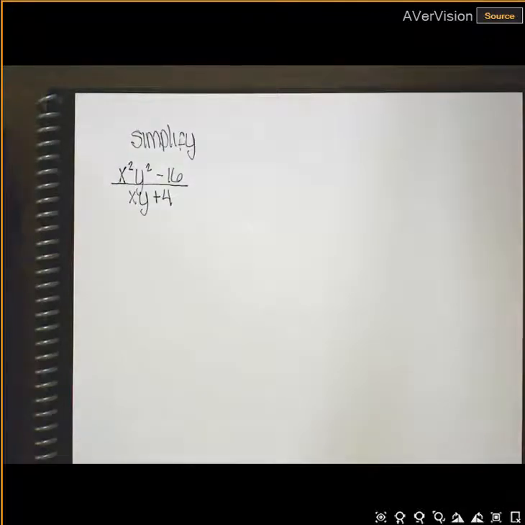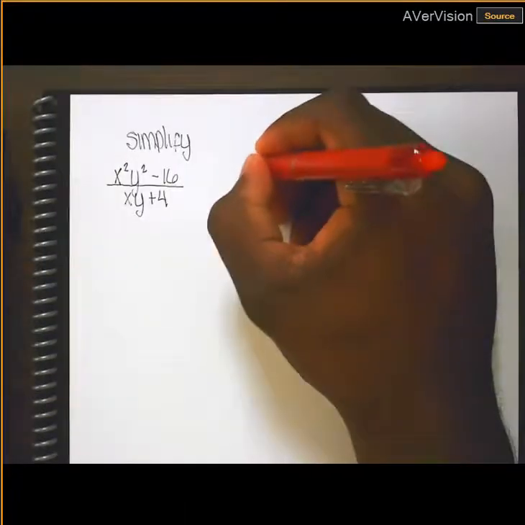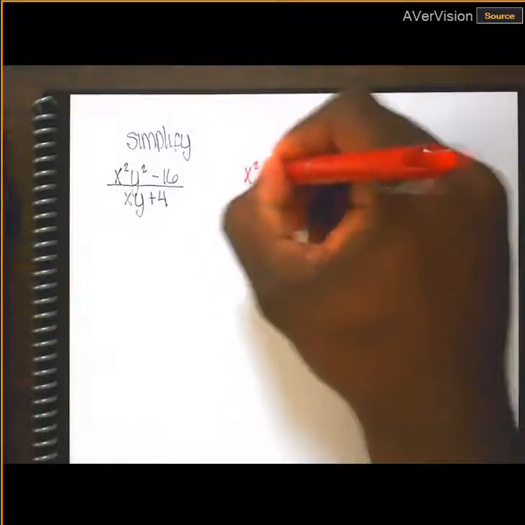All right. We have x squared times y squared minus 16 divided by xy plus 4. And we want to simplify this. Any ideas? What if we had x squared minus 16?